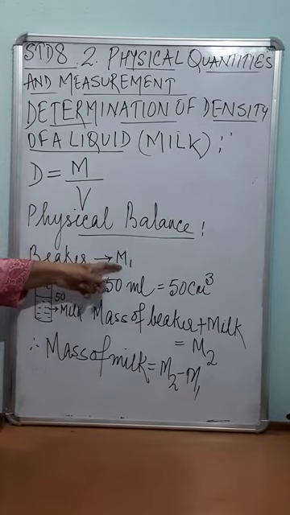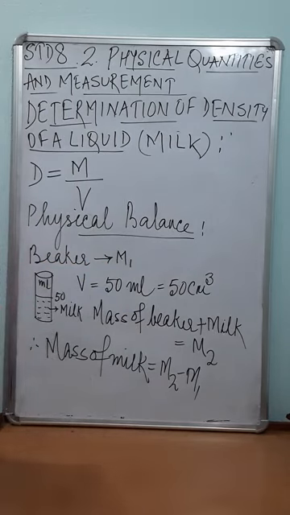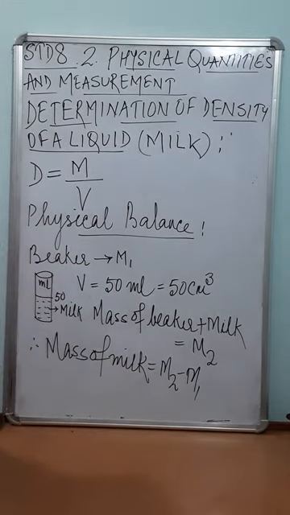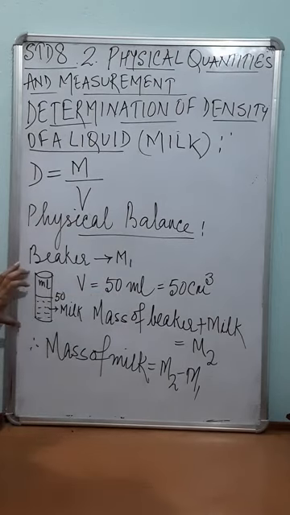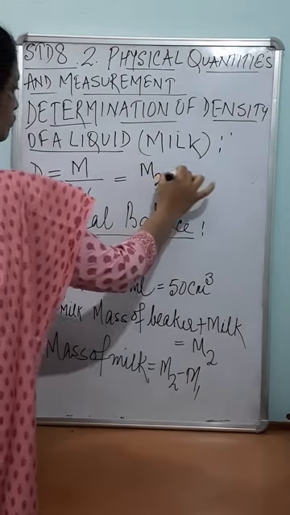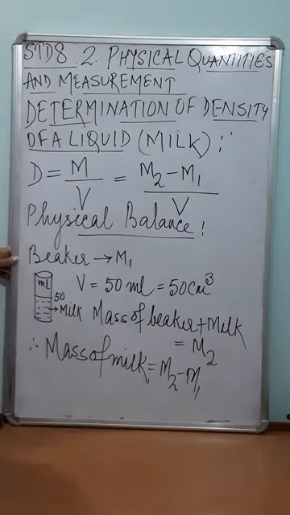So 60 minus 20 will be 40 grams as the mass of the milk. So we find the mass of the milk as M2 minus M1 and volume as the given volume using a measuring cylinder, and therefore density will be equal to M2 minus M1 by V. This is how we determine the density of a liquid.